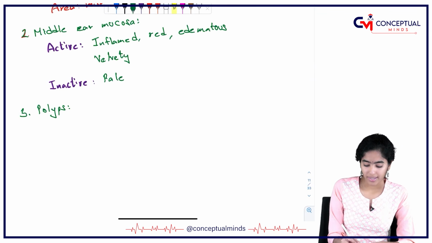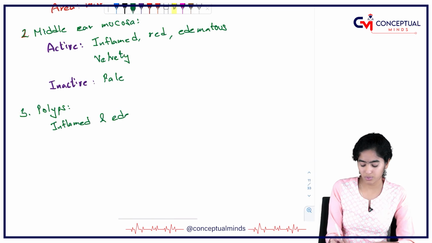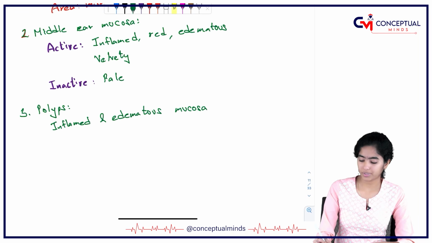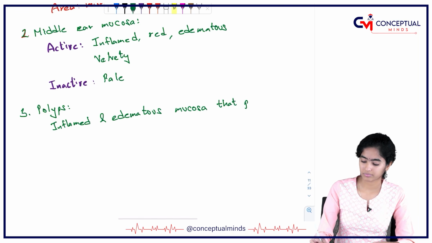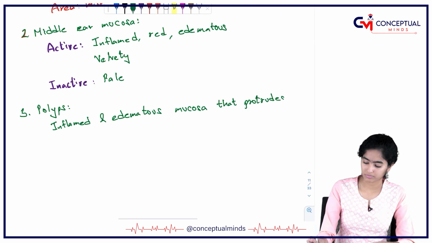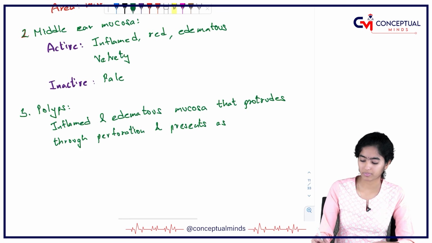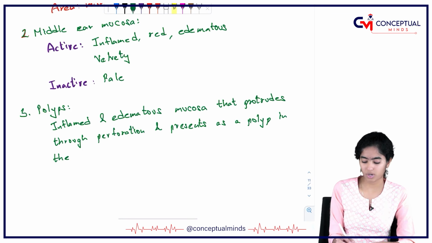It is an inflamed and edematous mucosa that protrudes through the perforation and presents as a polyp in the external auditory canal.